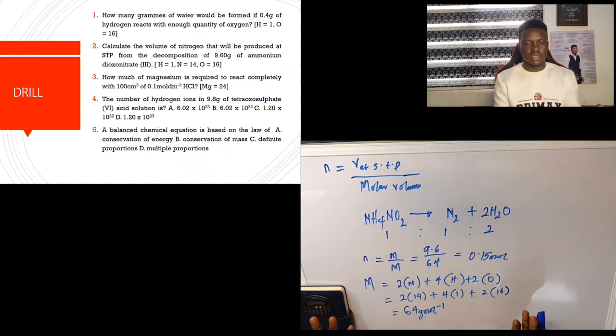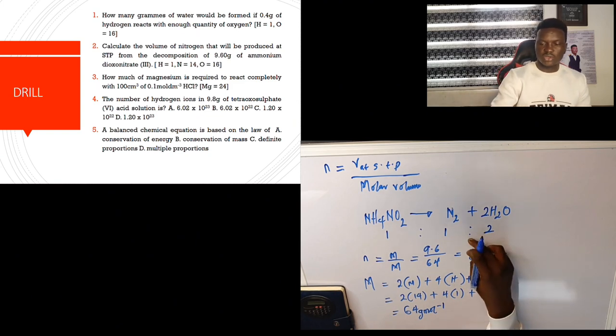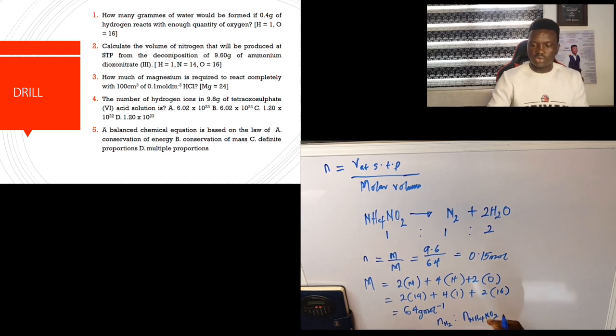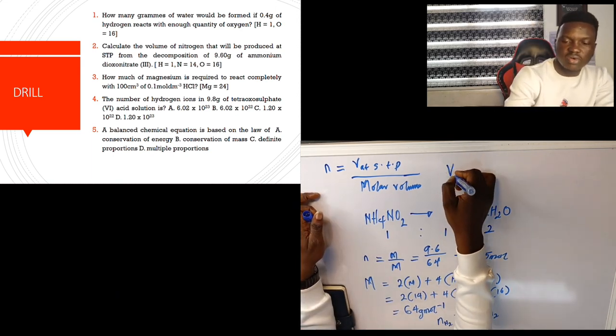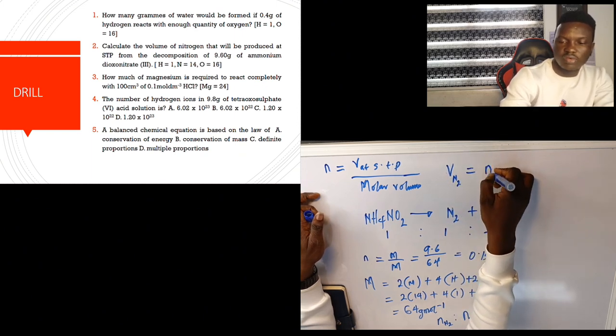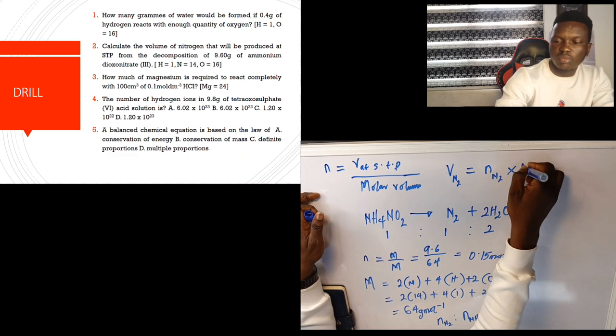That's how it is. So now, the number of moles of nitrogen is determined to also be 0.15, since the mole ratio of nitrogen to ammonium dioxonitrate 3 is 1:1. So that means the number of moles will be equal. From there, I can now say that the volume of nitrogen at STP will be equal to the number of moles of nitrogen multiplied by the molar volume.